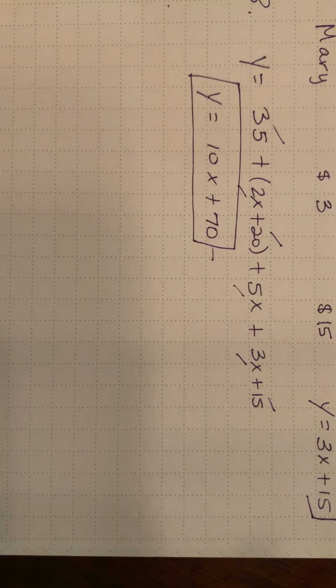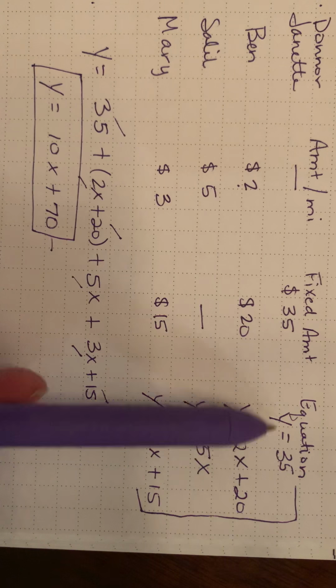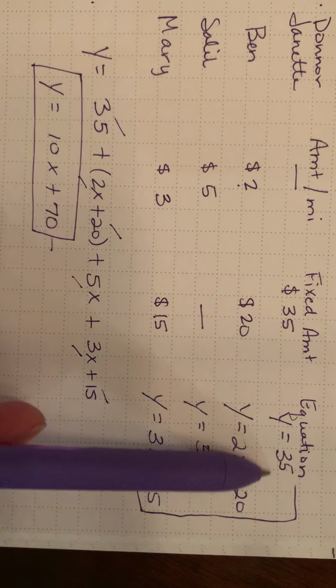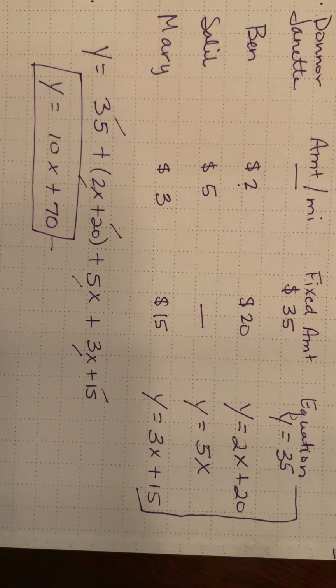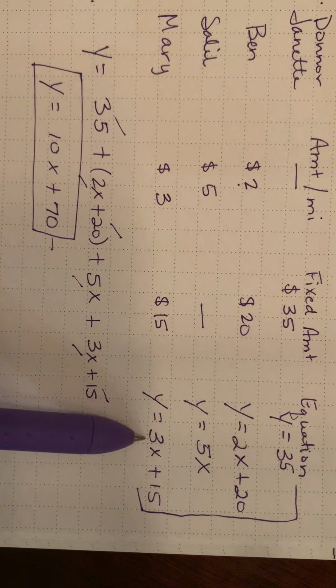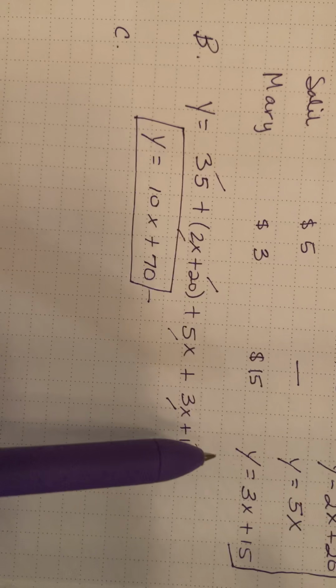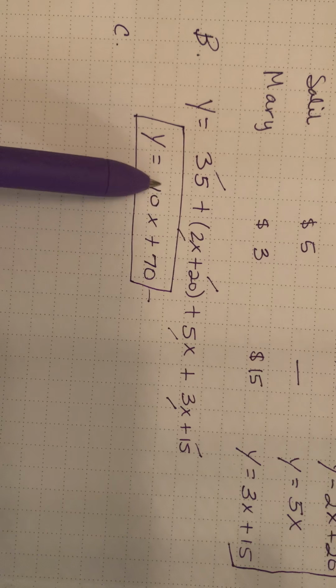Explain why this is so. Well, this line doesn't have a slope. This is a horizontal graph, horizontal line. This one has a slope of 2. This one has a slope of 5. This one has a slope of 3. This combined line has a slope of 10.